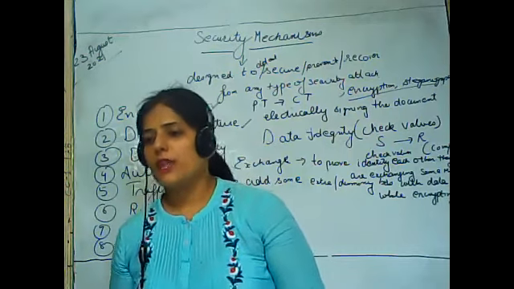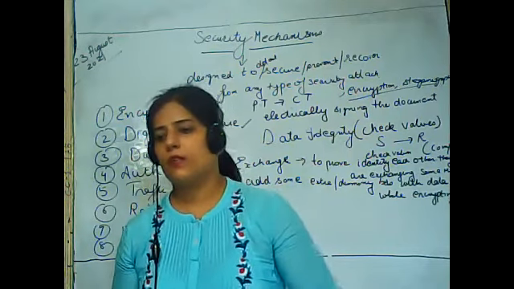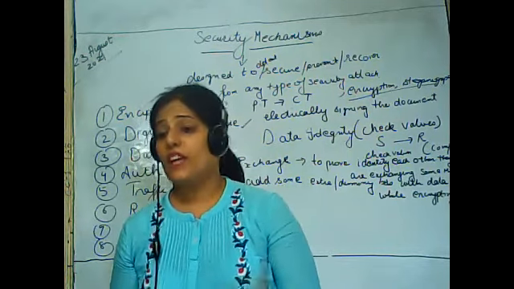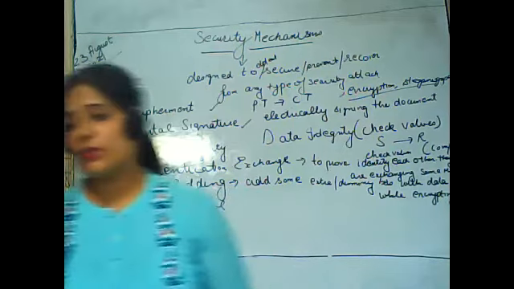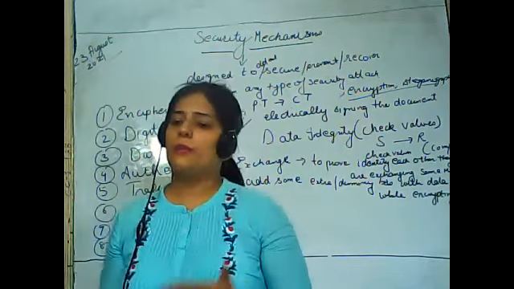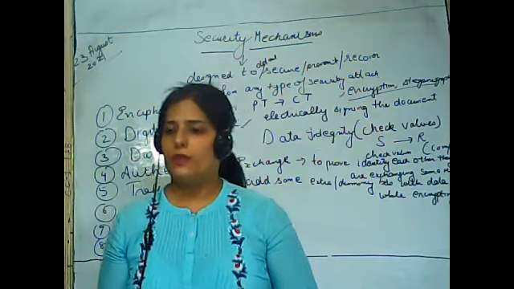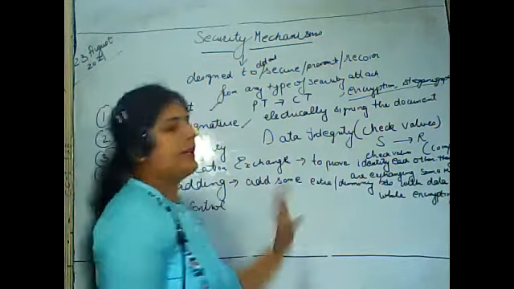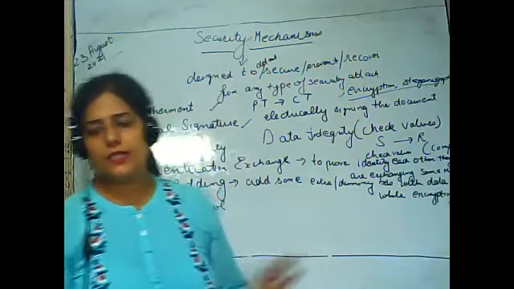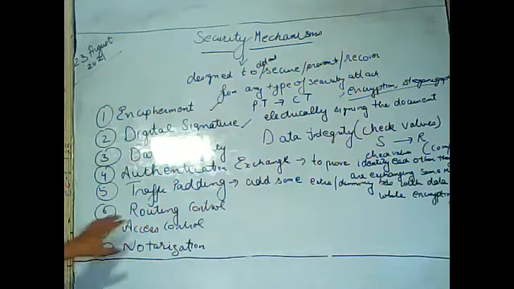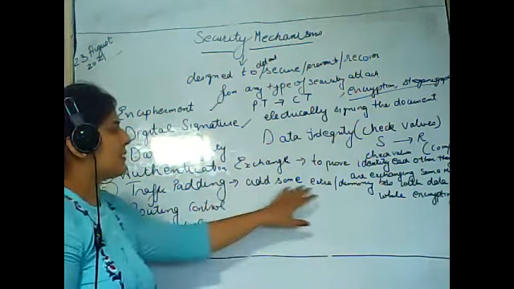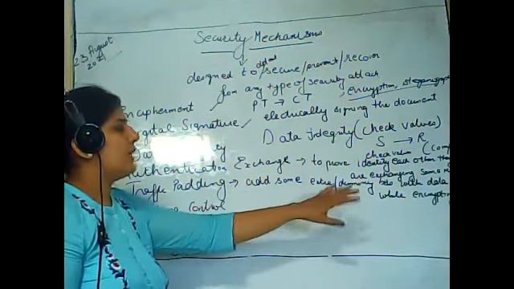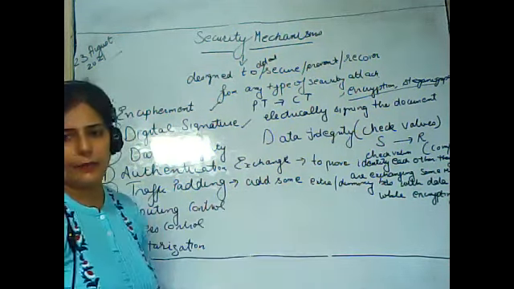It checks: I have already sent you these extra items, some extra bits, so kindly confirm that you are getting that particular data. That is a part of your traffic padding. So traffic padding adds some extra or dummy bits with the data while encrypting.